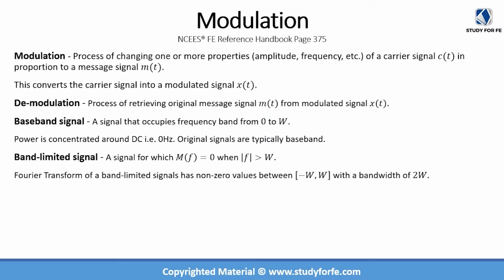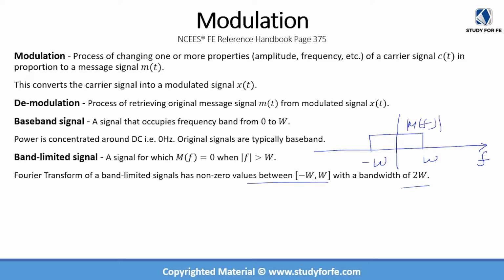Band limited signal. Band limited signal is a signal that has non-zero values only between -W to W, and the total bandwidth is 2W. If I were to sketch this in the frequency domain, this is how it would look like. I have W over here and -W over here, and this is the magnitude in the frequency domain.